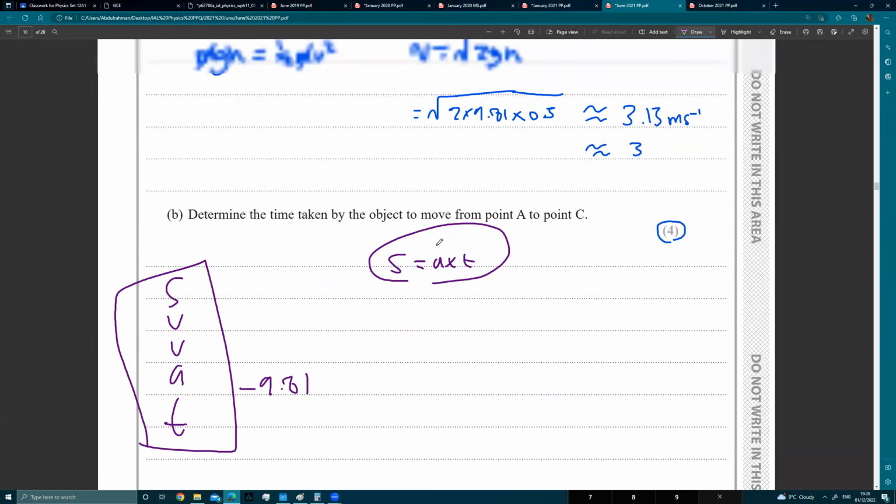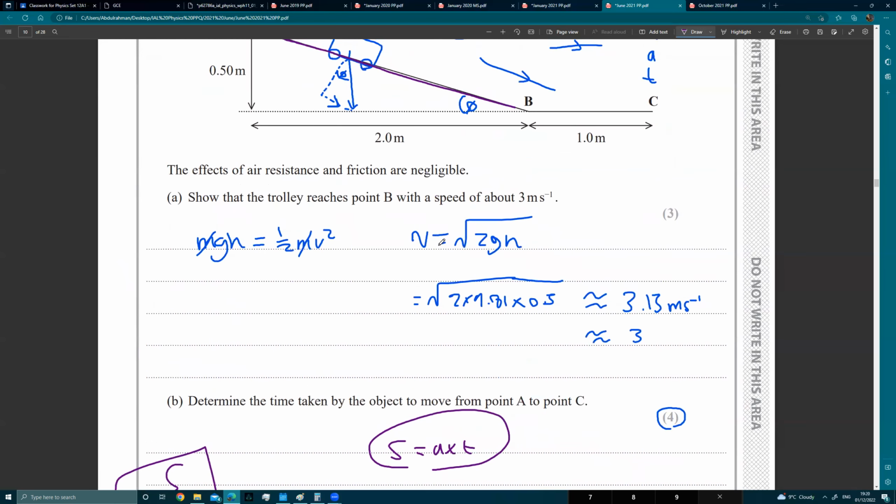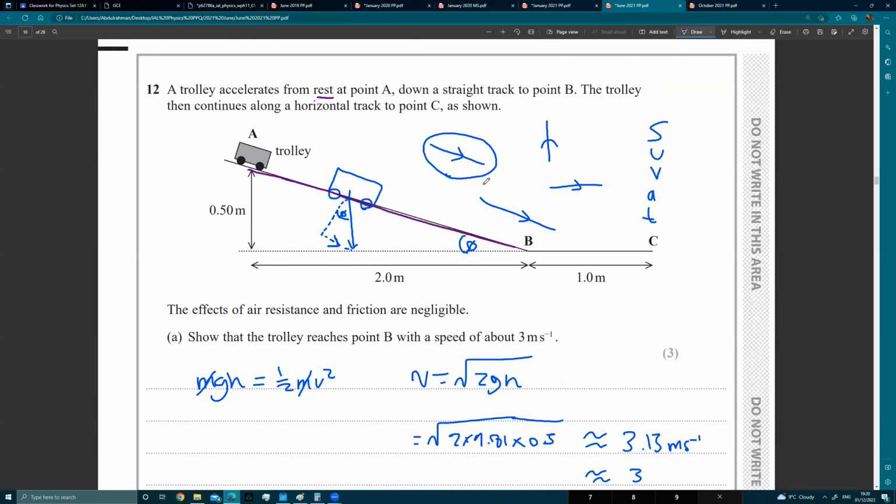Technically, you could resolve it horizontally or vertically, but it would have been so much longer. I know that the truck is moving here, and this is not horizontal, this is not vertical. So let me resolve my SUVAT in the direction it's moving.